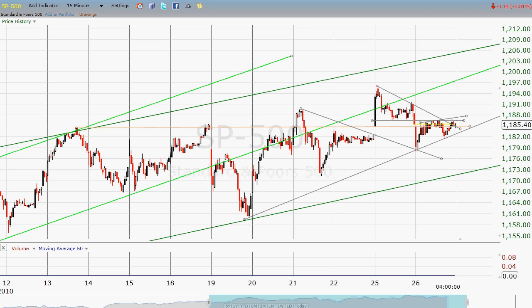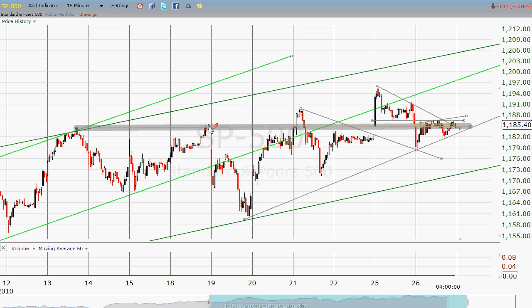Looking at a 15-minute chart and about the last 2 weeks of trading, you can see this is the last time we hit this upper boundary on that ascending channel, and we hit resistance right at about 1185-ish.